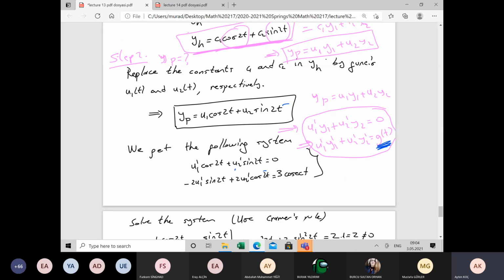The next step is to solve this system. We know here there are 2 unknowns, U1 prime and U2 prime, and 2 equations.